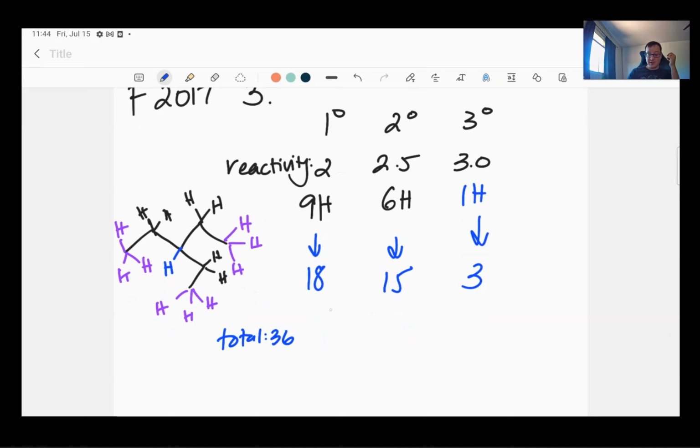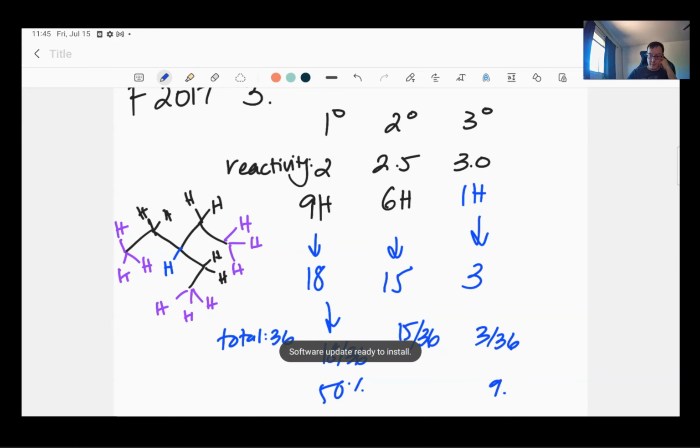So the percentages: 18 over 36 will be 50%. 15 over 36 is a number I do not know immediately. 5 over 12, which is what? And then 3 over 36, which is 1/9, which is going to be 9%? No, I don't know. 0.08.